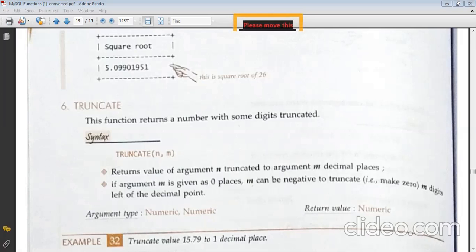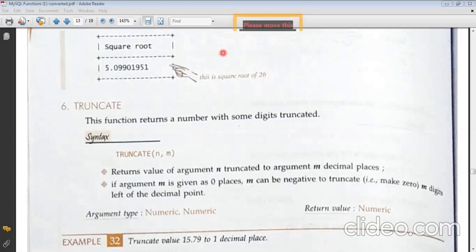We solved the round function yesterday. We take the left of the decimal, the integer part of it. Yes, the integer part. So this time they will not truncate the part after the decimal, but the part before the decimal, left of the decimal. So if m is negative, it will truncate the left of the decimal part.